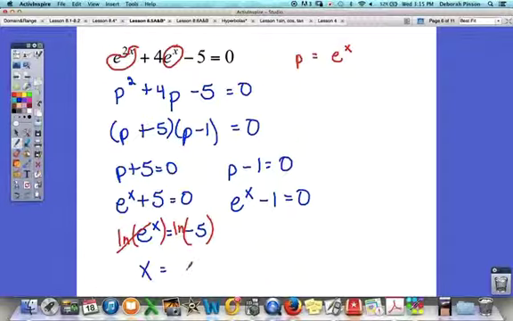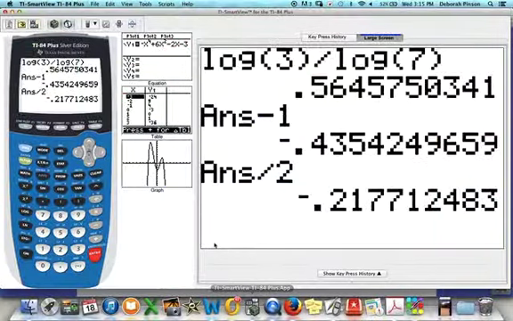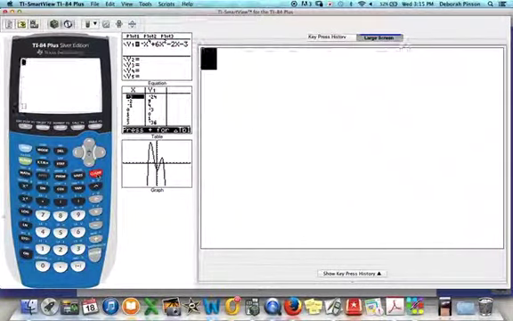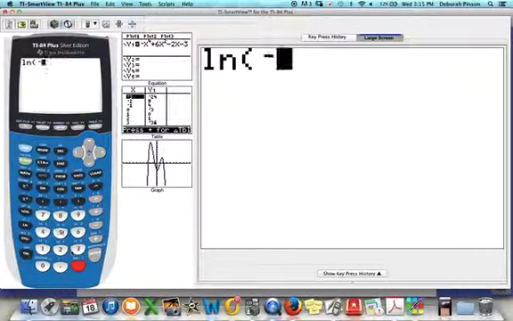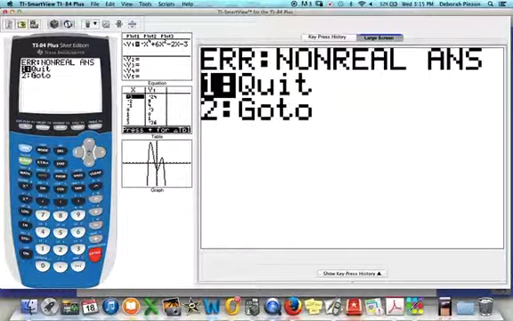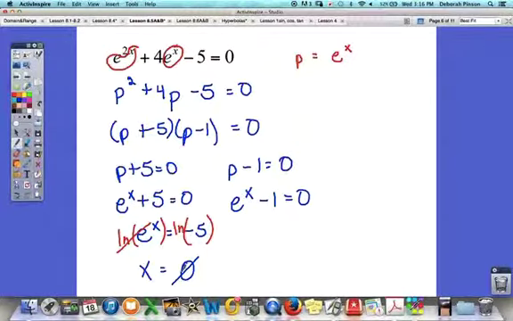Now I'm hoping you're telling me no solution, because remember, you can't have a negative inside the logarithm. If I were to do natural log of -5, it's going to give me that error message. Remember, we had that error message before. So I have no answer right here. That's something I want you to know. If you've got a negative value right here, you can't do it. It's no solution.